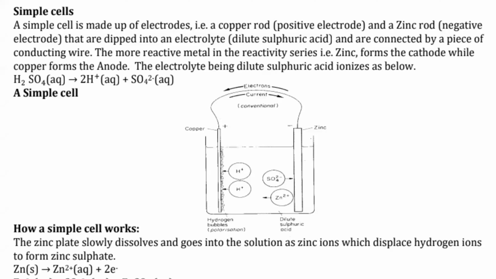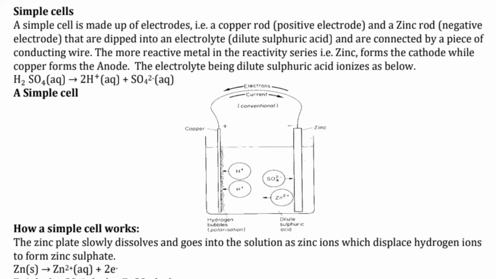So what we have to note about a simple cell is that anyone of us can also do it. The reason why we call it a simple cell is because once you have electrodes and an acid, which is dilute or which is not too strong, then this reaction can happen and it can produce electrons.